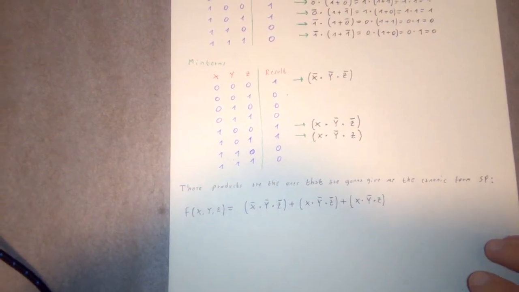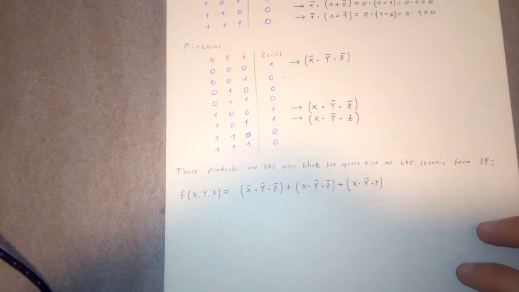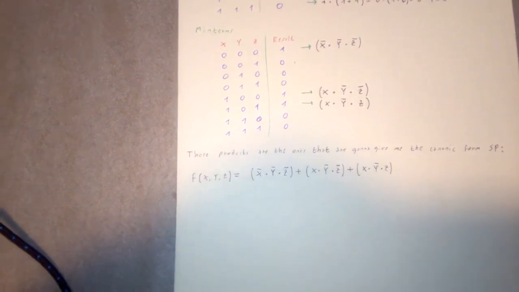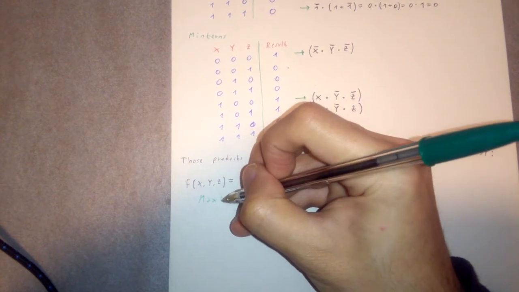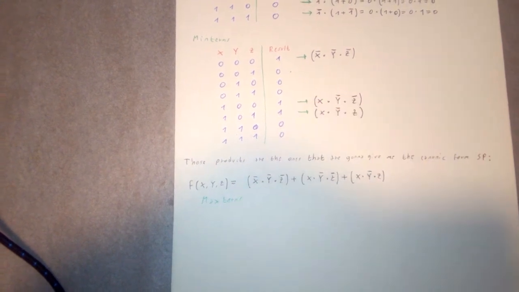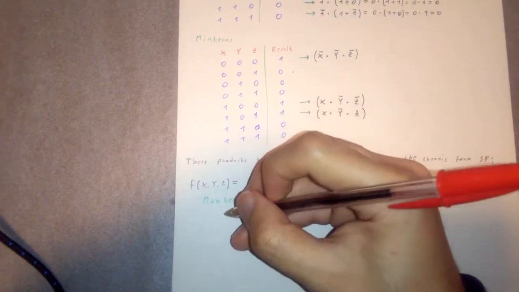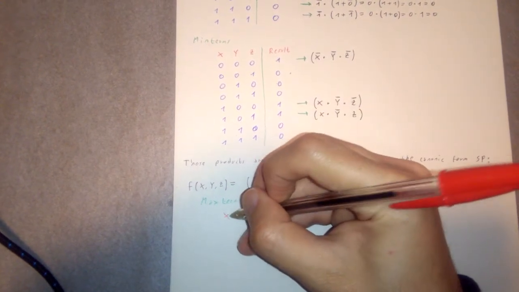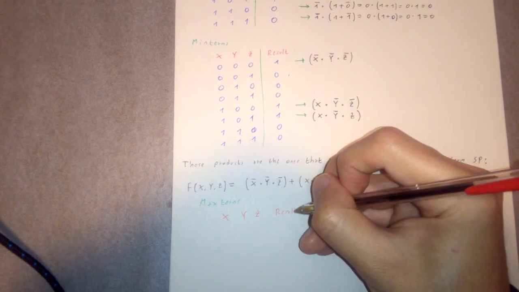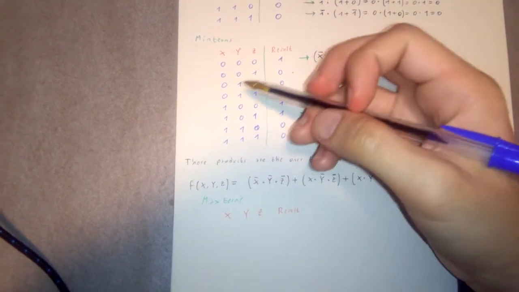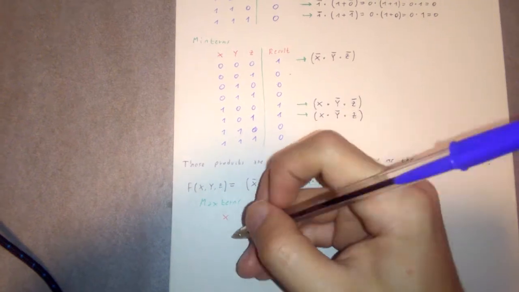Now, what if we want to do that with the Maxterm? Well, we can do that. It's fine. We can do this very same thing. So we do that with the Maxterm. You can say still x, y, z, result. I'm just going to copy this one more time real quick.